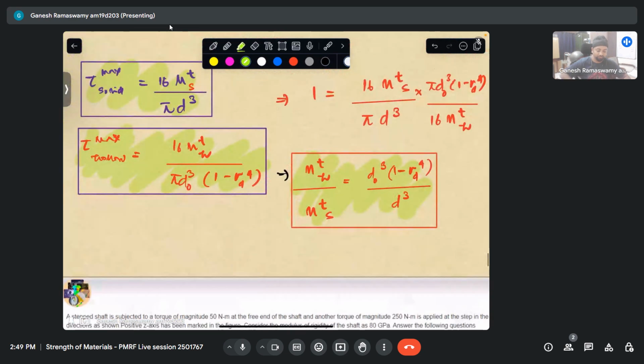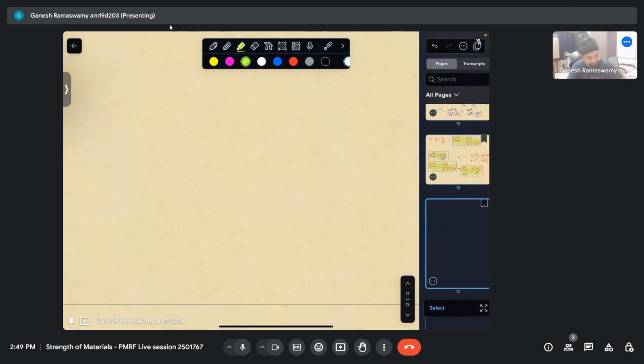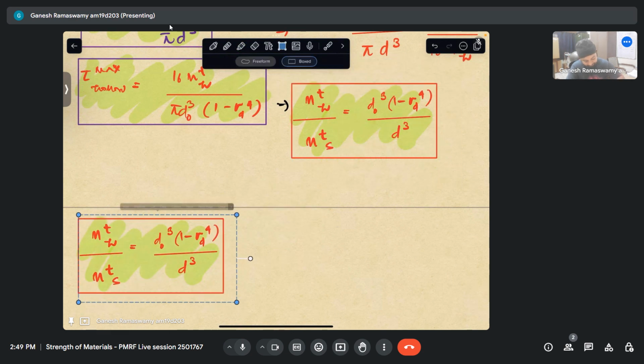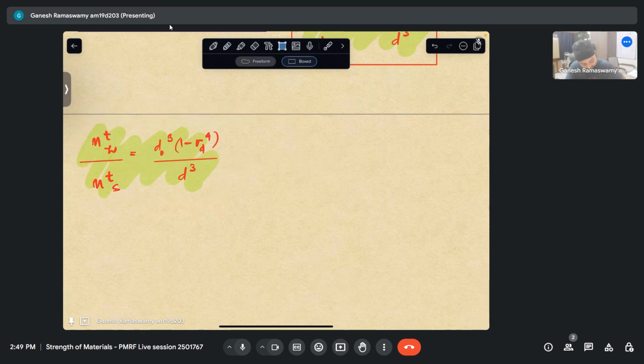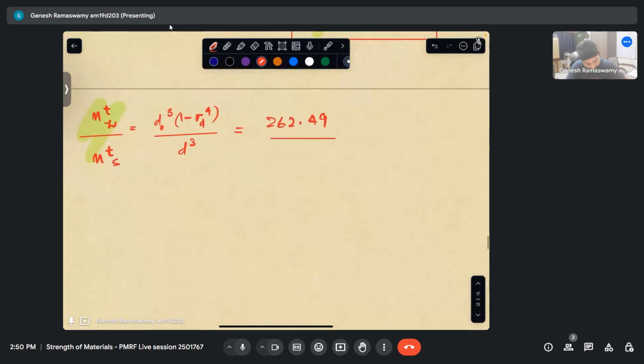So let us quickly plug in the values. We know that this quantity is nothing but d outer, which was coming out to be 262.49, by d of the shaft, which is given to be 200, I suppose. 200, this cubed into 1 minus RD.